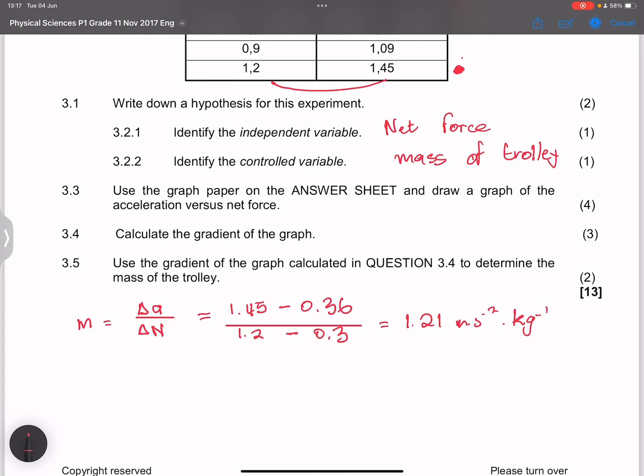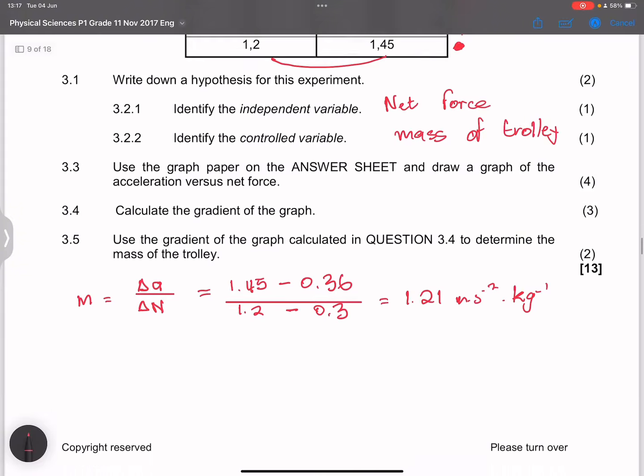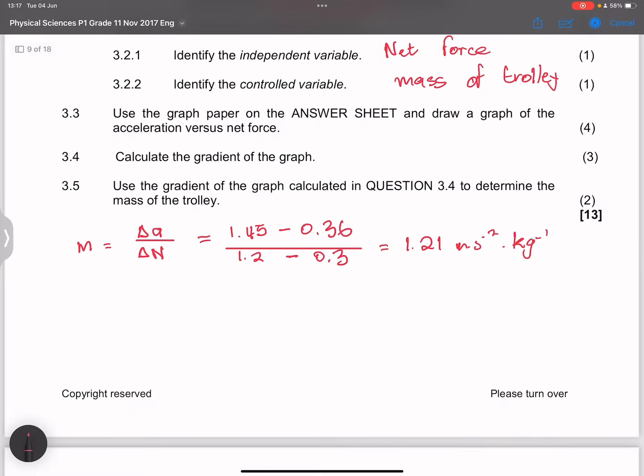Right, and then finally, they say use the gradient of the graph calculated in 3.4 to determine the mass of the trolley. Now remember, according to Newton's second law, F net is ma. So if I wanted the mass, it's F net divided by the acceleration.